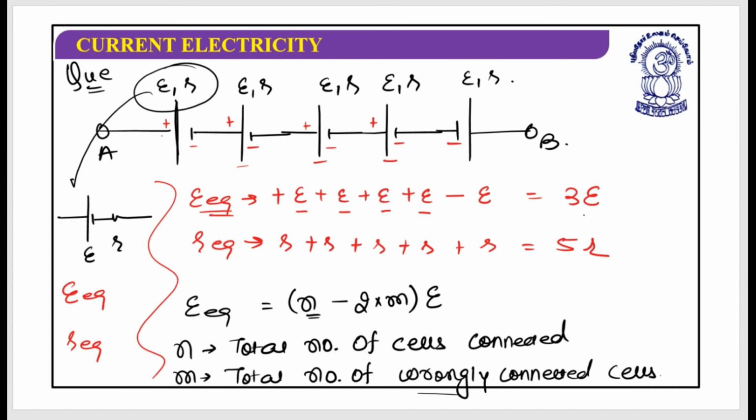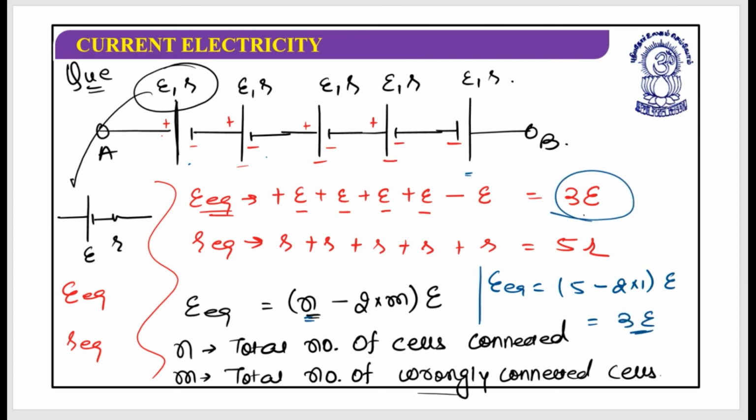So if you do this with this question as well, then E equivalent equals the total number of cells, 1 2 3 4 5, so 5, minus 2 multiplied by one cell wrongly connected, multiplied by E. It's 3E. That's it. This is your answer. So please remember this.